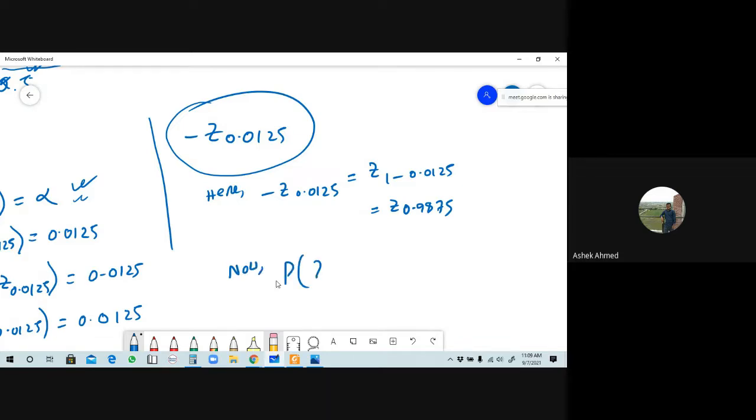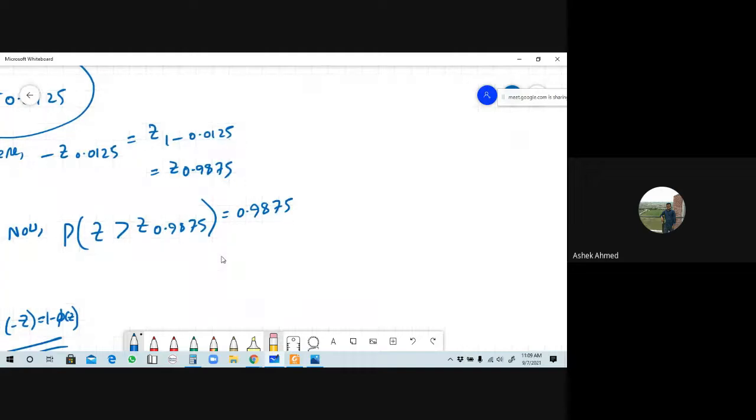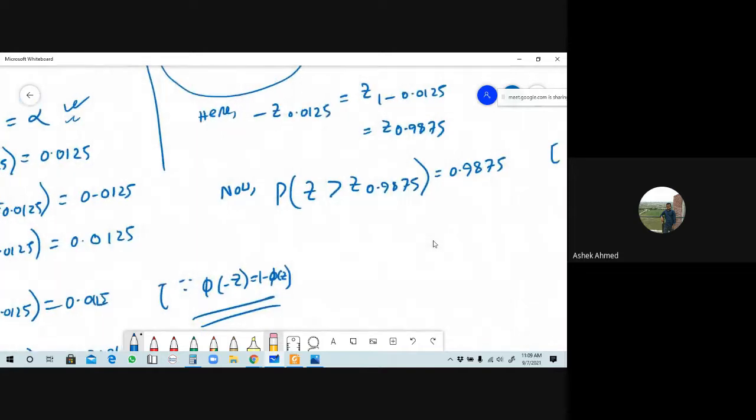Okay, now you can write probability of z is greater than z suffix 0.9875 is 0.9875, because we know that probability of capital Z greater than z alpha is alpha. So from here this implies we can write greater than or equal to.